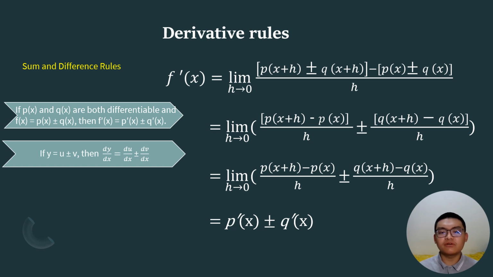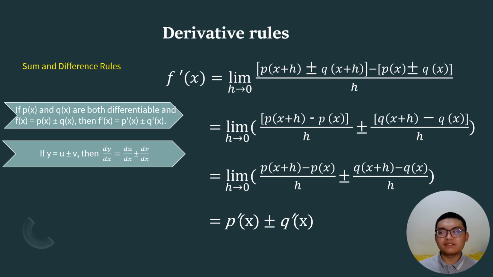In mathematical notation, it looks like the derivative of f of x equals the limit as h approaches 0 of the expression p of x plus h plus or minus q of x plus h minus p of x plus or minus q of x, all divided by h.